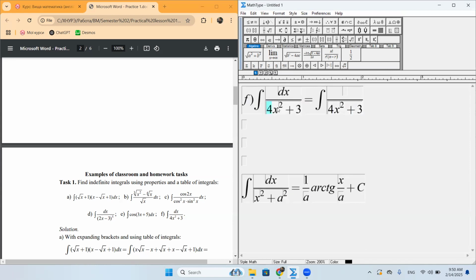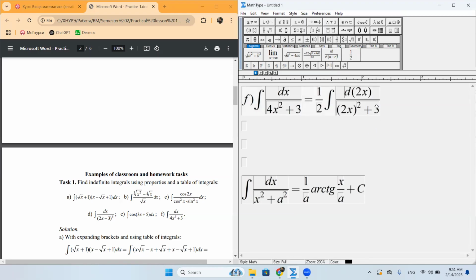Here we have 4x square, and we need to move it. 4x square is actually 2x in power of 2, so moving it under the differential, and as well we need to divide by 2, so everything is okay. Now we have a table integral that can be easily calculated.